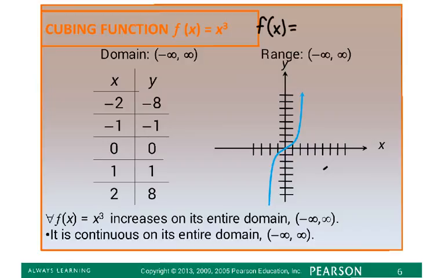F of x equals some a times b x minus h cubed plus k. So again, our function will have this basic look of the graph, but can be rewritten in this form right here with a, b, h, and k being real numbers.